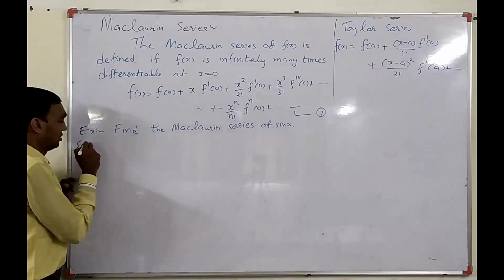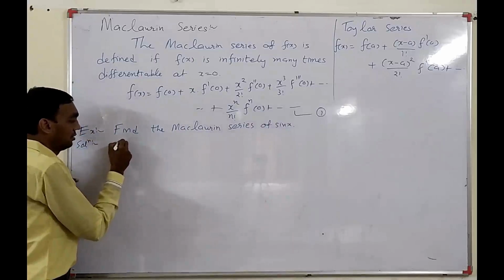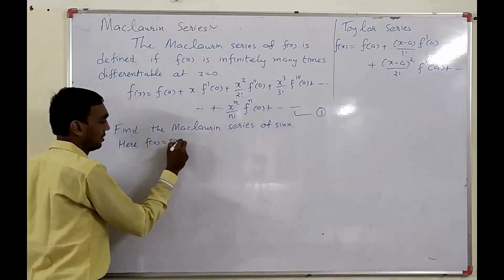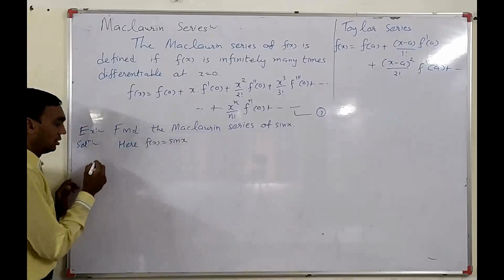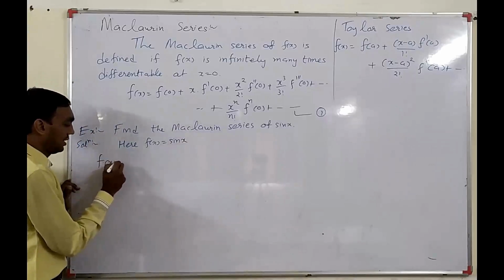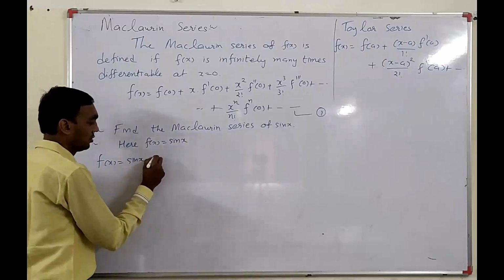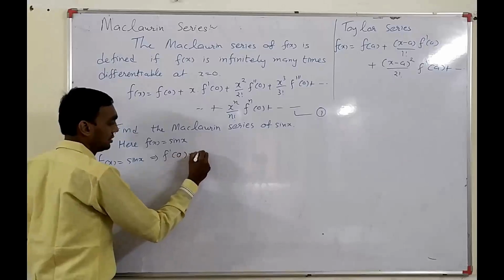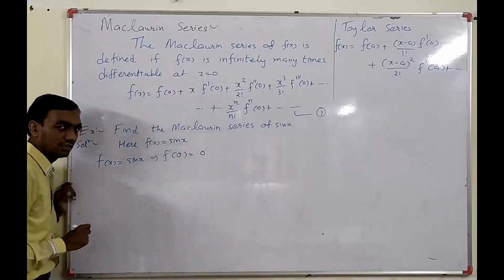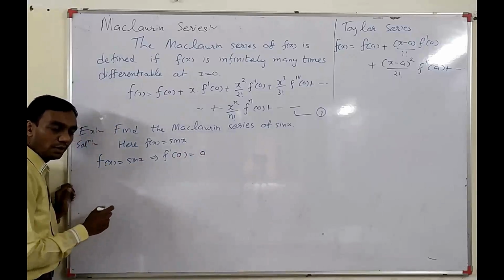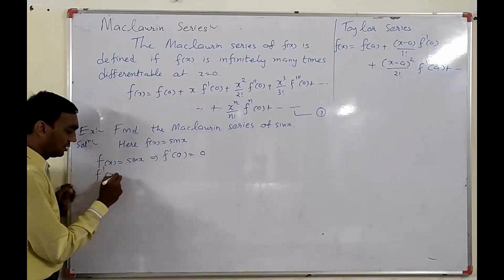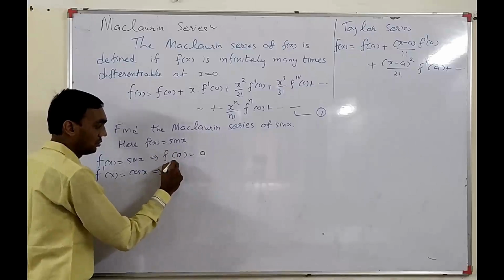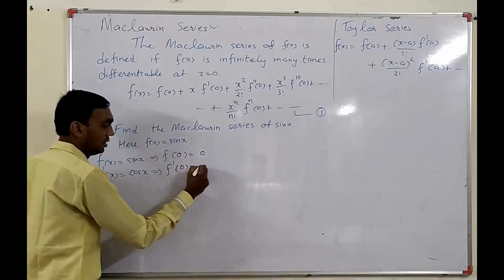In the solution, f(x) = sin x, so f(0) = sin 0, which has the value 0. Similarly, f'(x) = cos x, so f'(0) = 1.